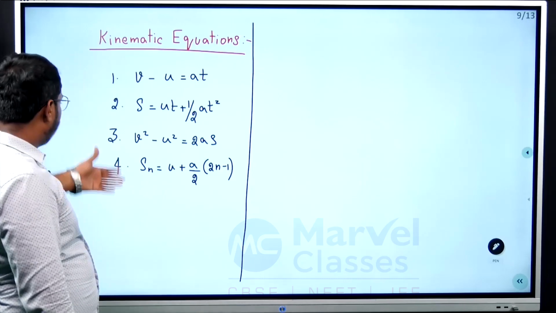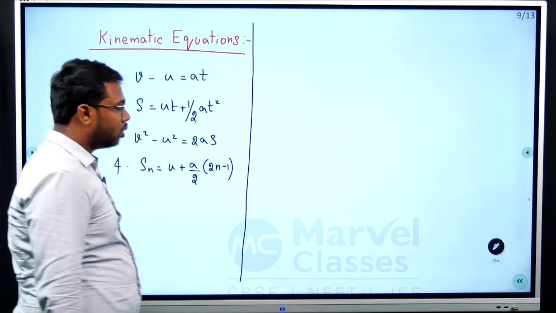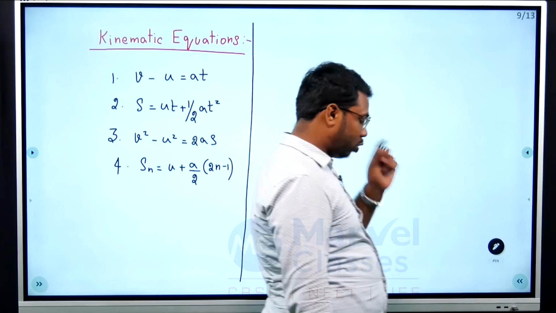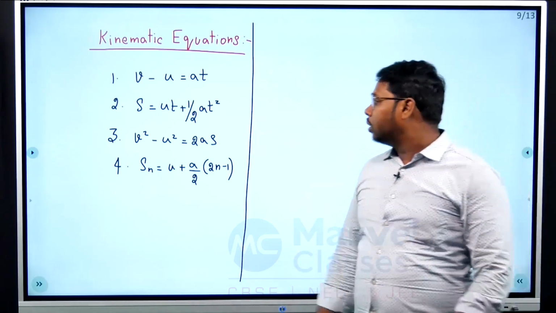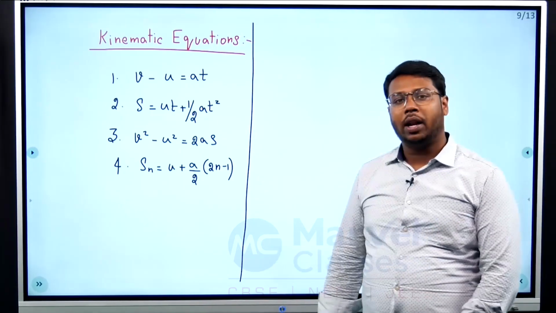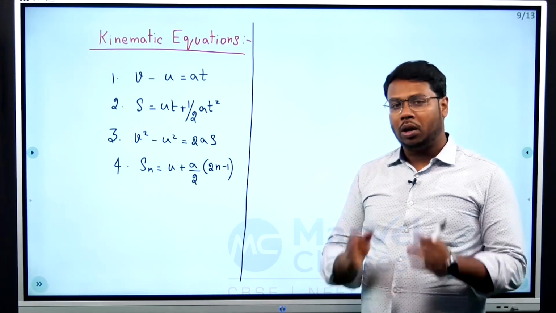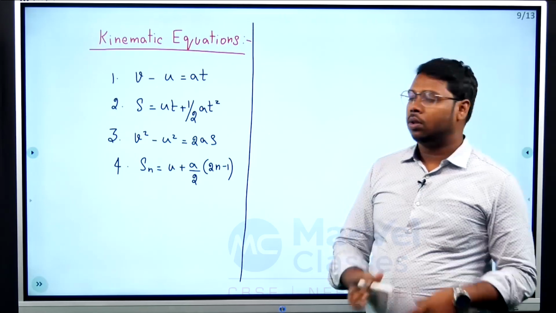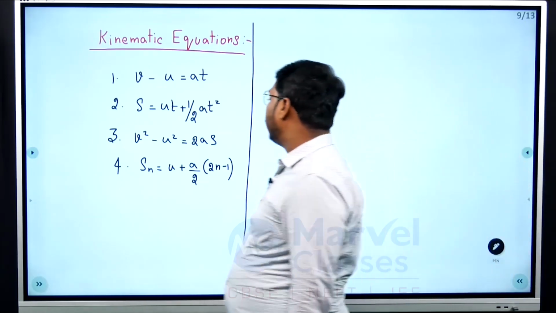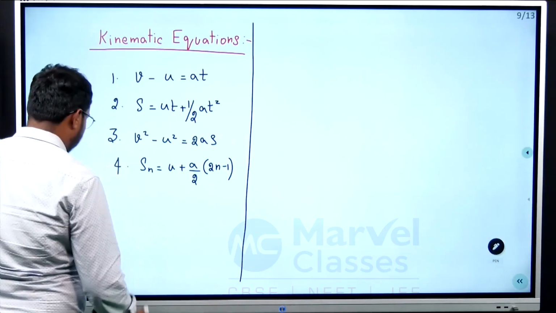So these are the four basic kinematic equations with which we will solve almost all the questions. The first three equations are very important and the fourth equation will be very rarely used, only for one particular case. So what exactly do V, U, A and S stand for?